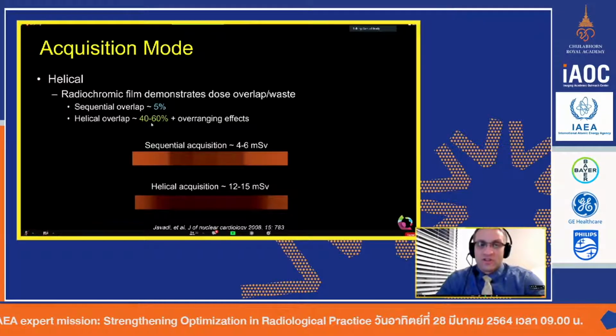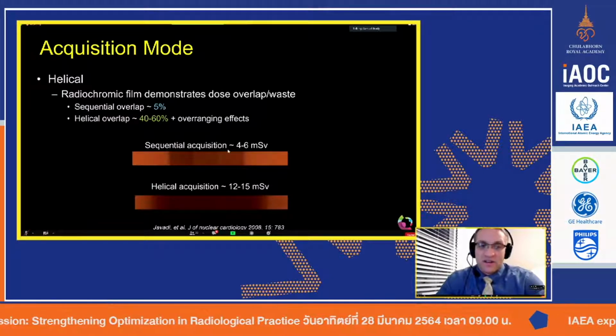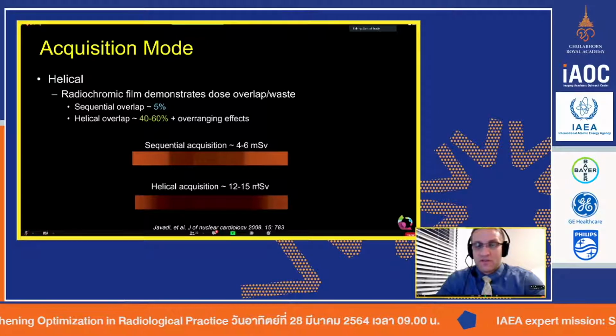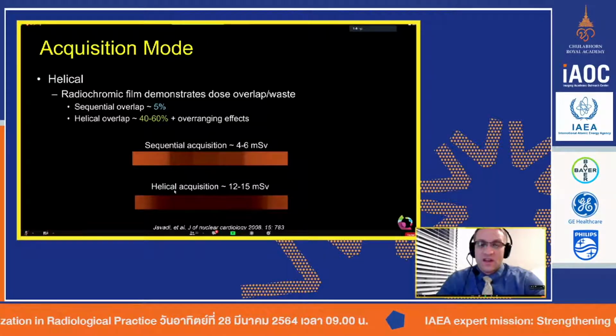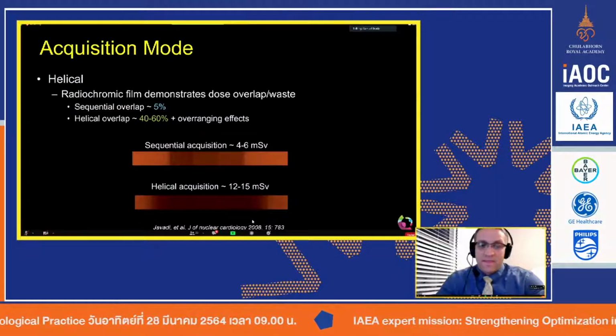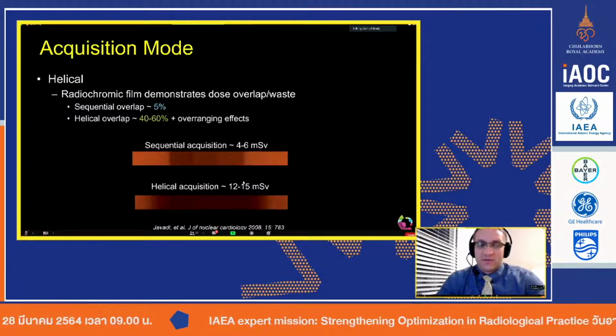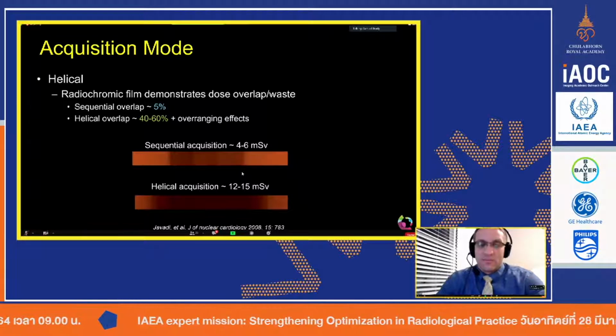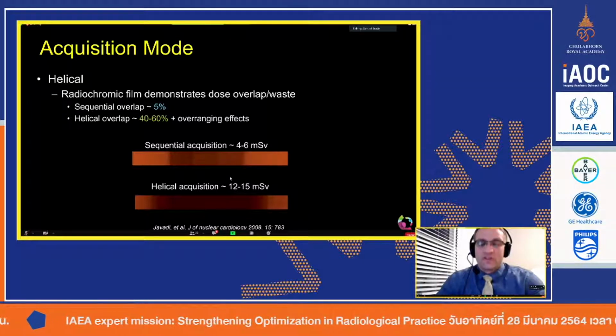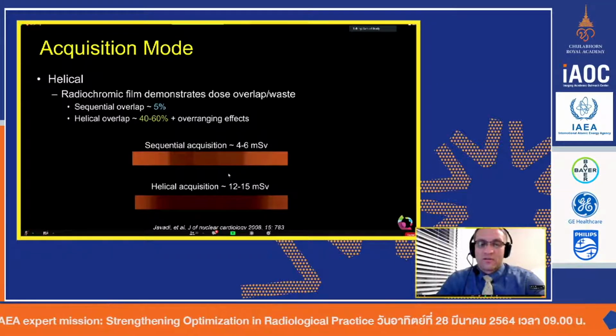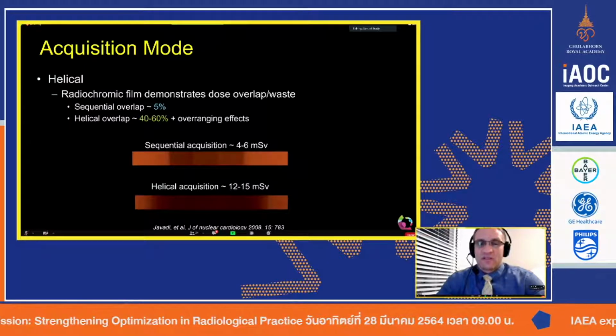The overall dose is just that much higher. You can just see sequential acquisitions at 4 to 6 millisieverts versus 12 to 15 millisieverts. And this is a study that's a little older now, so I would probably say these numbers will come down just a little bit just by nature of having more efficient, greater technology-based scanners.